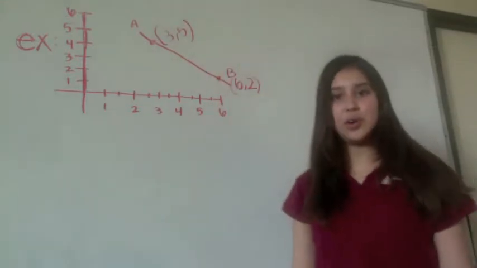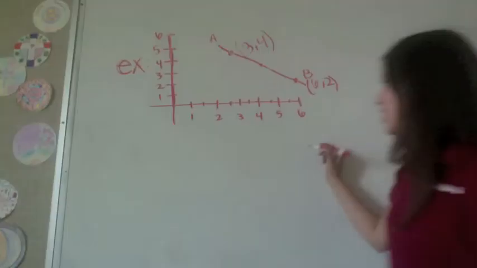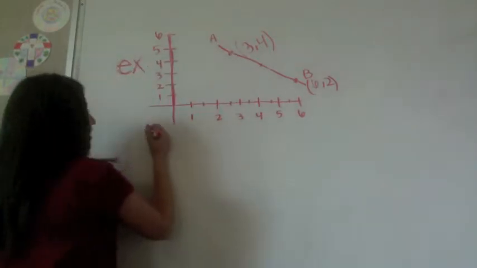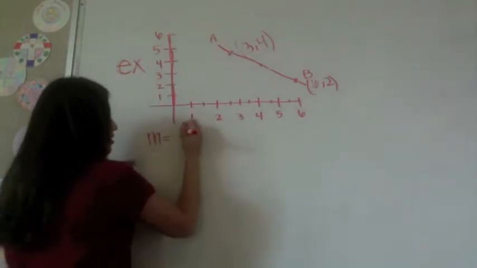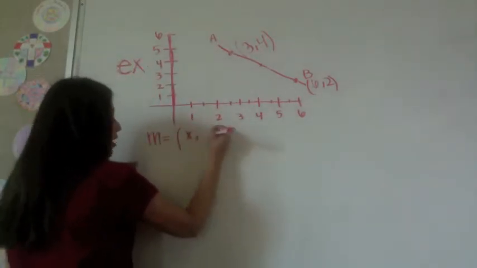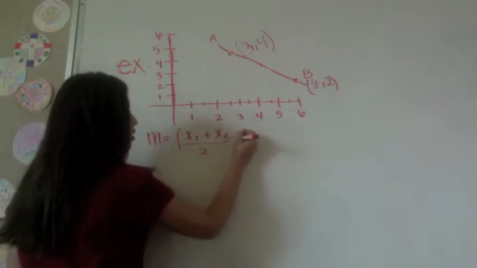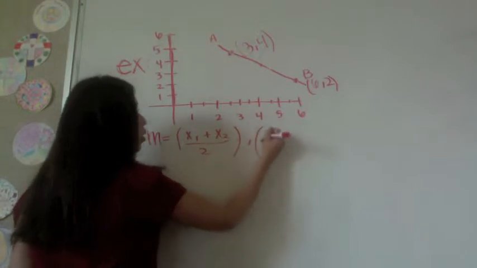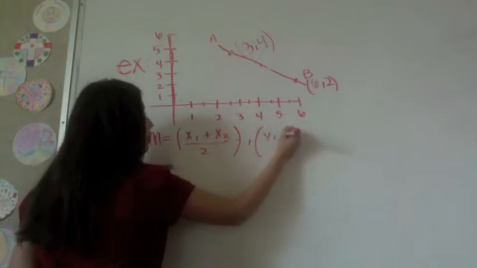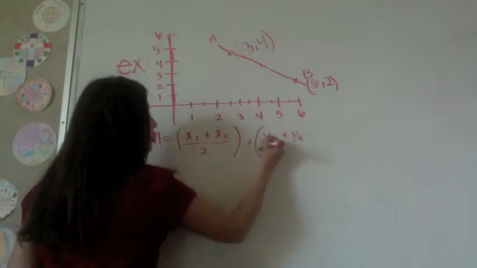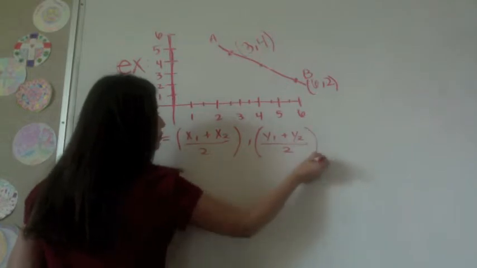Now what do we do? We use the formula. The midpoint formula, again, is M equals x1 plus x2 divided by 2, comma, y1 plus y2 divided by 2.